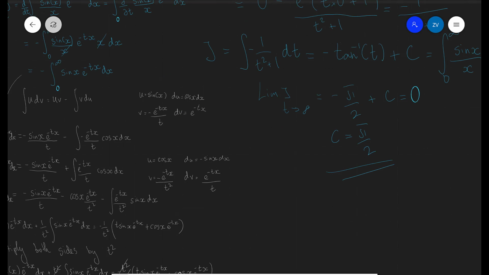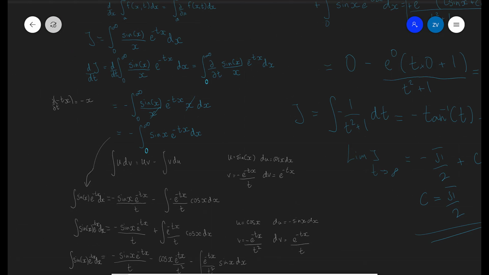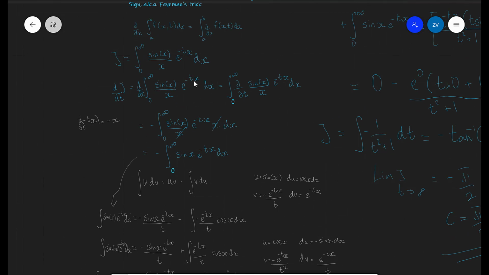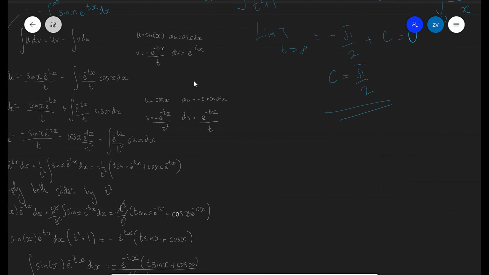So now that we have our value for this constant, we could go back into our original function j and actually calculate our sine of x over x integral by setting the value of t to be equal to 0. So let me just write down our original expression for j, and I'm going to say that j is equal to the integral from 0 to infinity of sine of x over x multiplied by e to the minus tx dx.